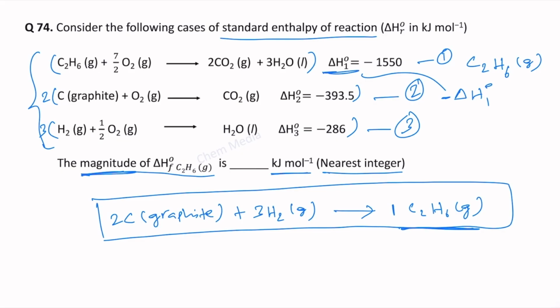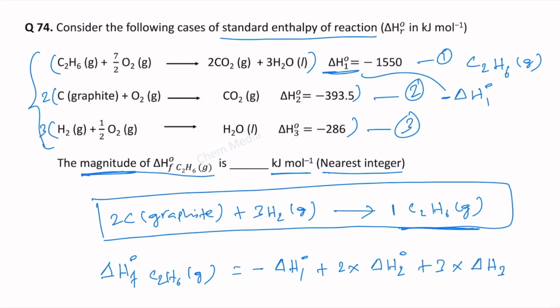So therefore the standard heat of formation for C2H6 gas is equal to minus delta H10 plus 2 times delta H20 plus 3 times delta H30. Therefore this is equal to 1550, because we have to change the sign, plus 2 times minus 393.5 plus 3 times minus 286.